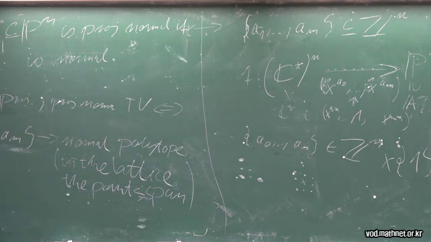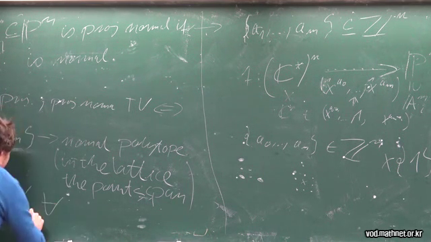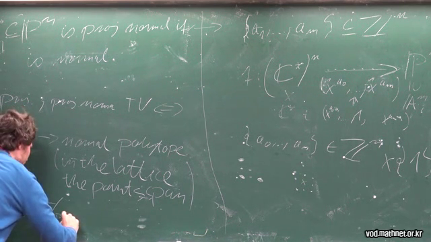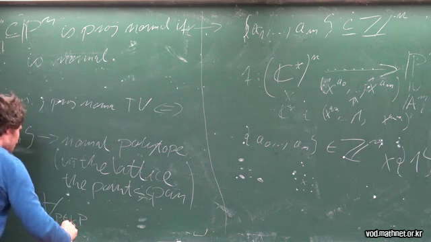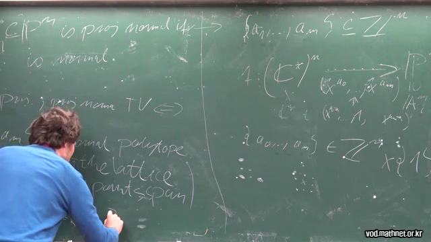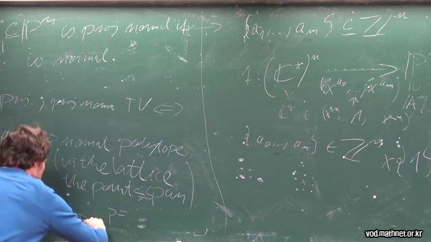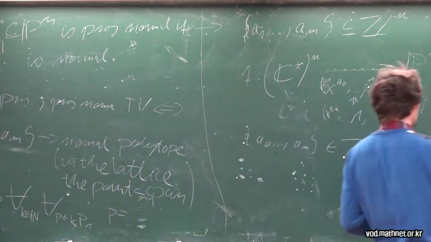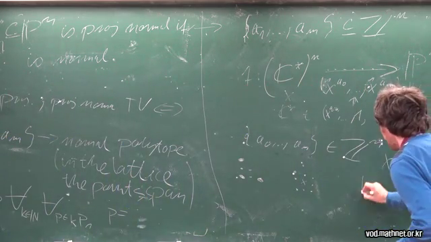So a lattice polytope P is normal if and only if for every k a natural number, and for every point in the kth dilation of P, we have that kP is equal to, let's intersect it with the lattice. I will call the lattice M.